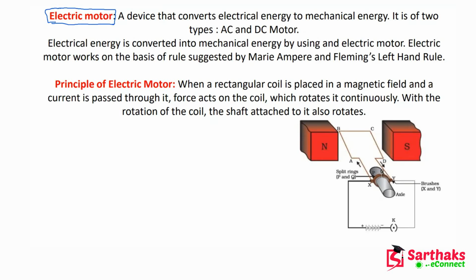In the previous lecture, we saw the magnetic effect of electric current. We know that current has its magnetic effect. Let's suppose this is a conductor and this is a wire and current is flowing inside it. Then it will act like a magnet.